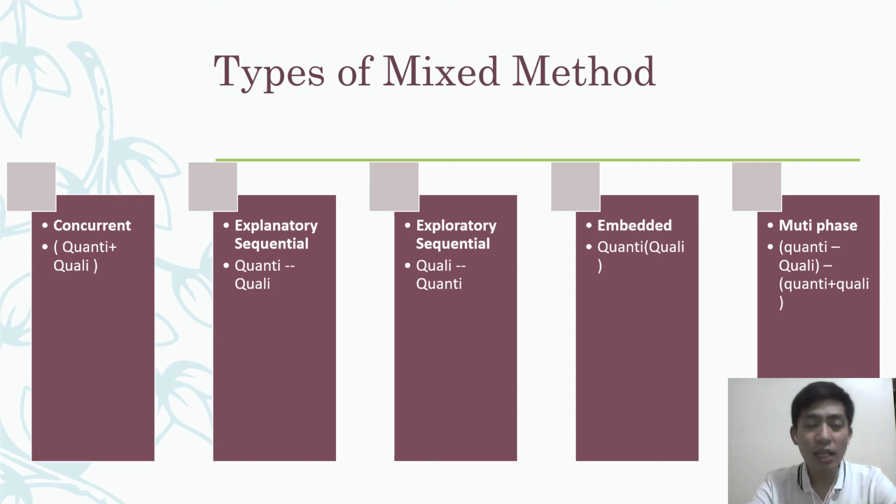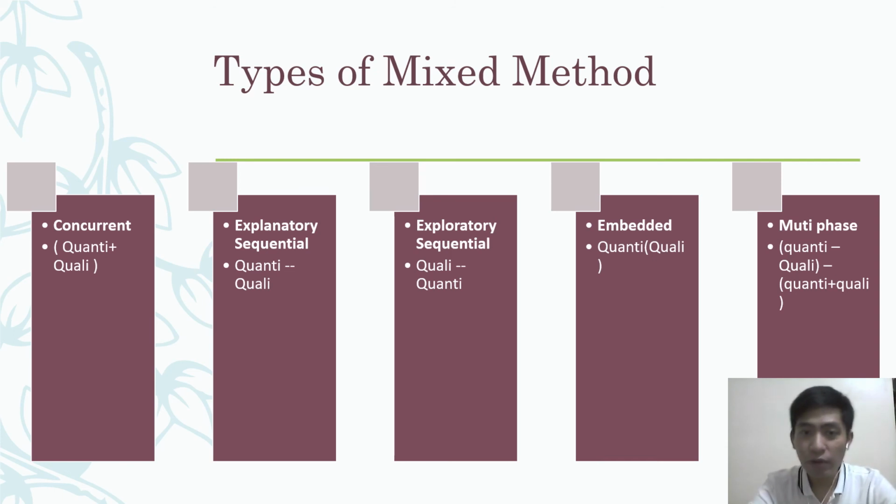Explanatory sequential: you start with the quantitative part of research, analyze it separately, then based on your statistical analysis, validate it through interviews.